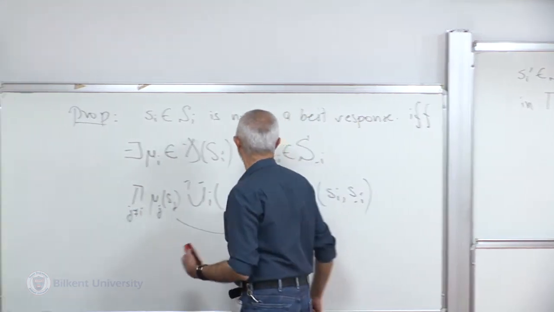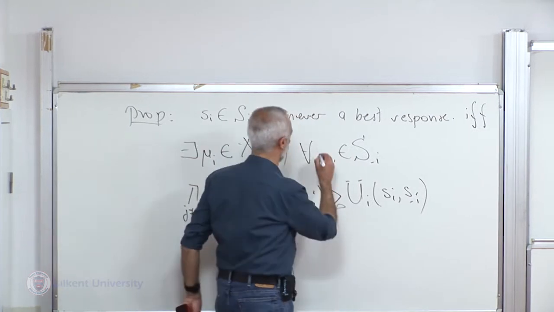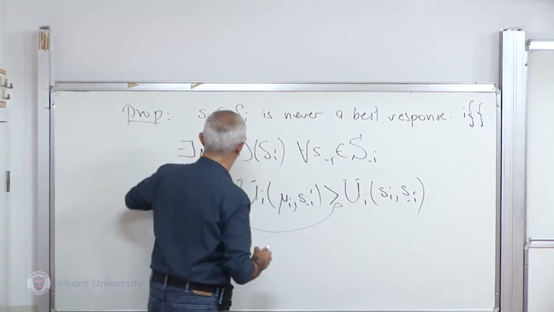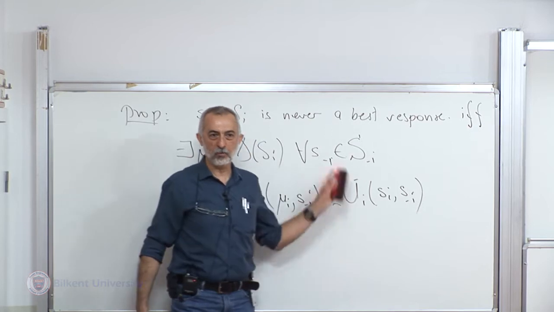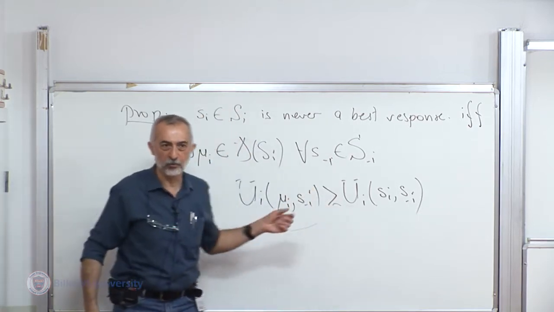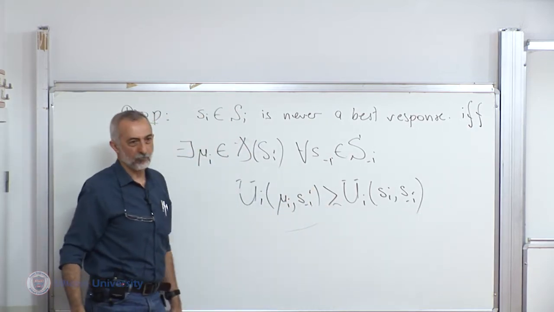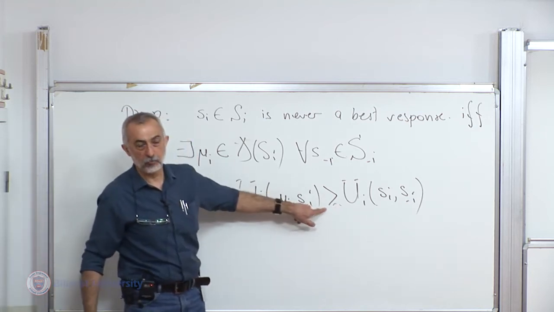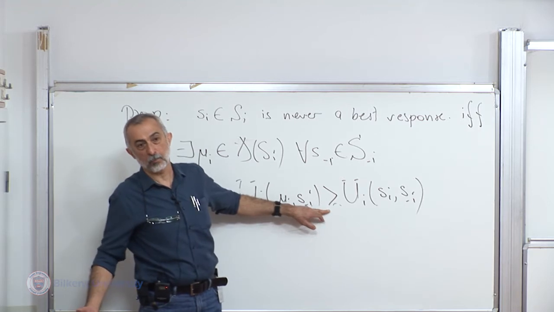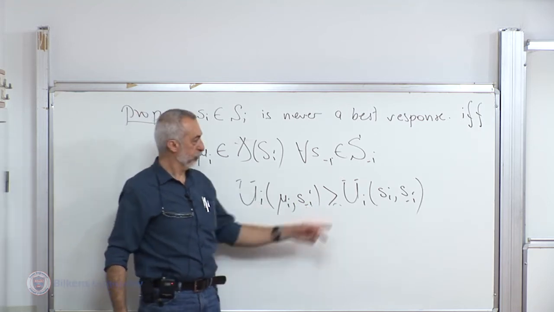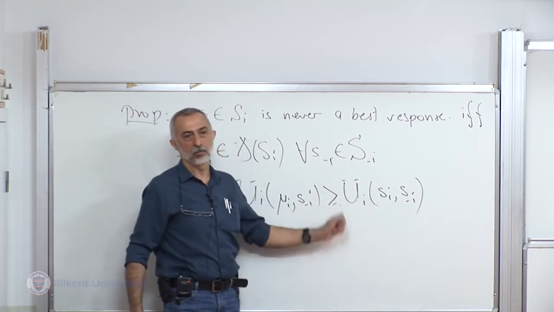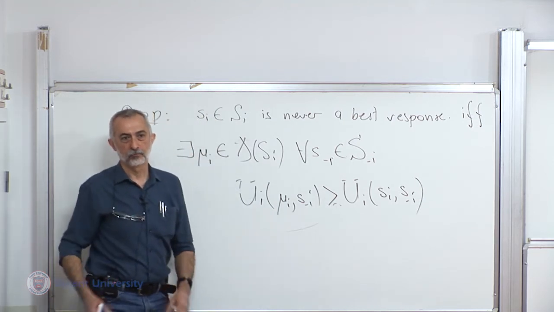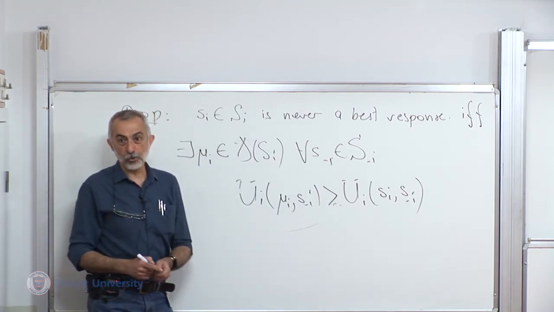Well, depending on how we feel and how things go, maybe I'll give you a proof of this toward the end. Okay? Greater, because if it's equal, it might be a best response. So to make sure that it's not a best response, we have greater. Okay, so far so good.